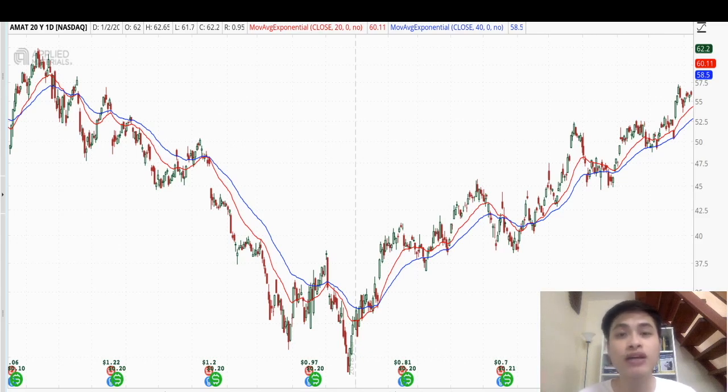The second moving average trading strategy is the moving average crossover strategy. So specifically, when a shorter term moving average is above a longer term moving average, it indicates to us an uptrend. And when the longer term moving average is above the shorter term moving average, it indicates to us a downtrend.